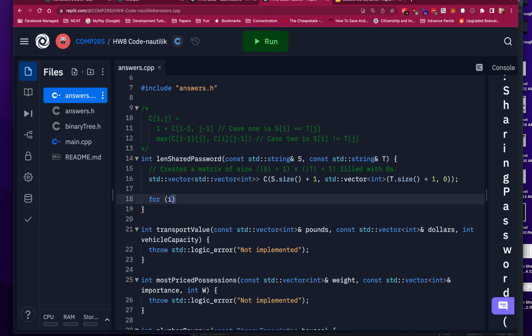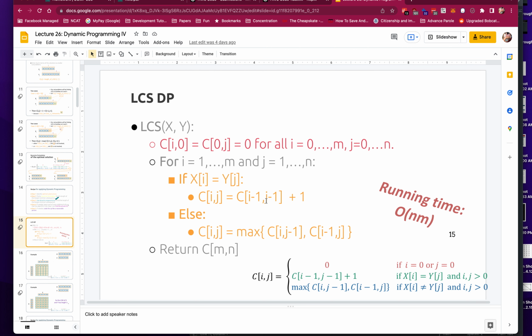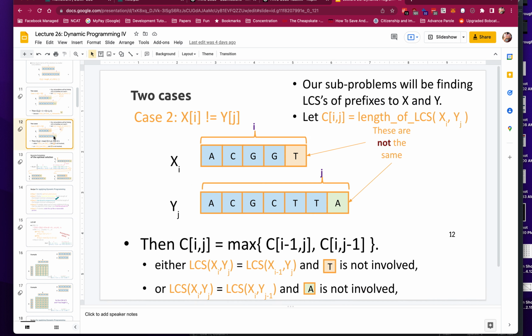So you would say, for int i equals 1, or you can say 0, but the one thing you want to remember is that your storage is off by 1, because in the lecture slides, this part where we say xi equals yj, that's 1 indexed. So when I do x1 here, that corresponds to a, which in your code is actually x0 to get to a, right?